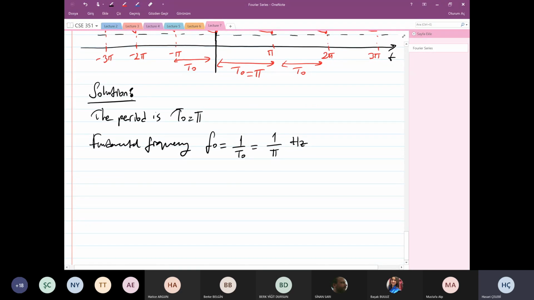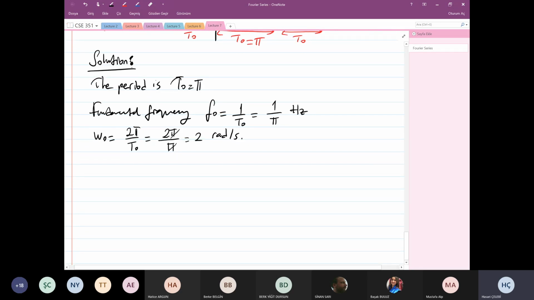We can write this in terms of radian frequency omega 0, 2 pi over T0. So 2 pi over pi, and the result is 2 radians per second.